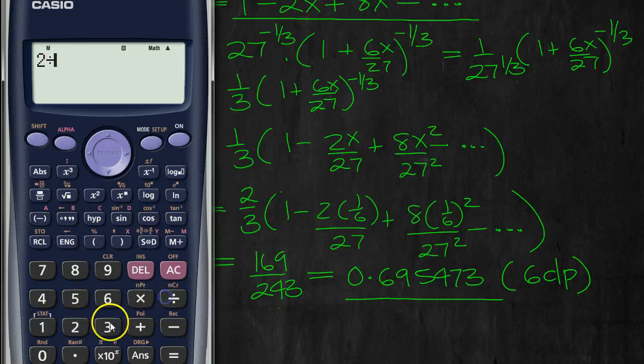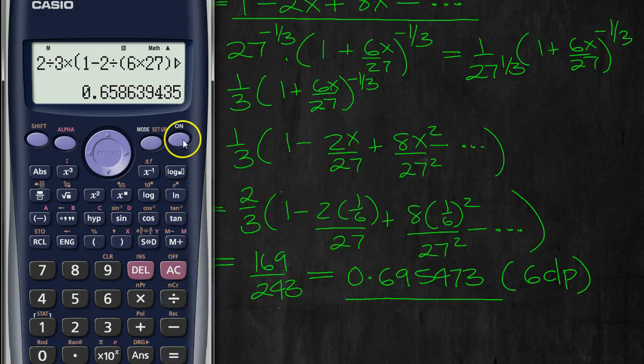So it's 2 divided by 3 times bracket 1 minus 2 divided by 6 times 27, plus 8 divided by bracket 6 squared times 27 squared, close bracket, and then close the bracket for the 2/3. 0.658, so I must have typed something wrong.